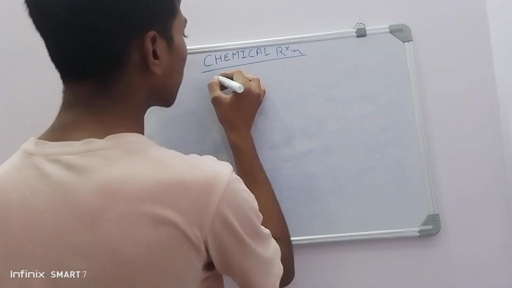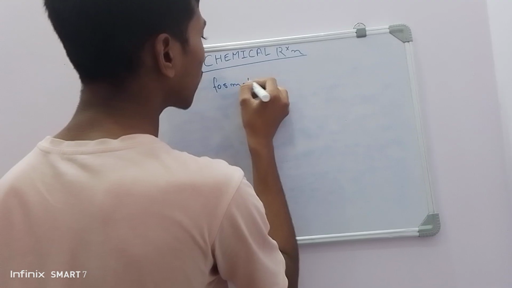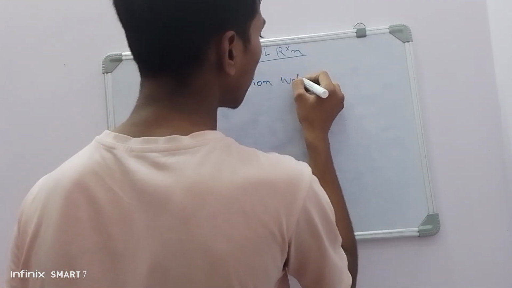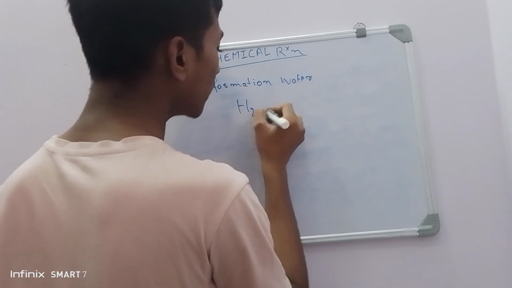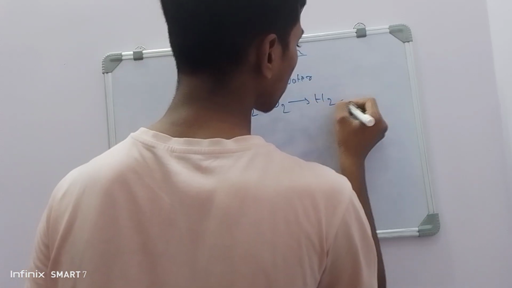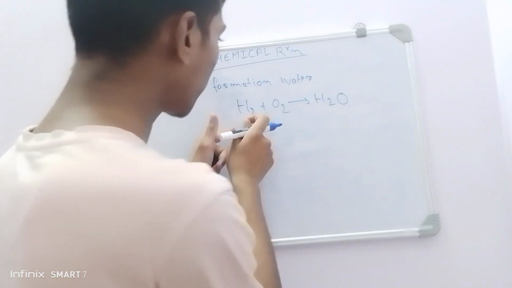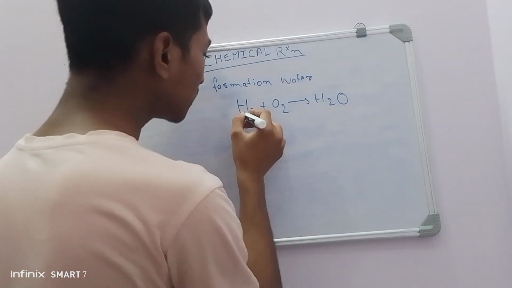This can be understood by the formation of water. How is water formed, if I ask you? As you all know, water is formed when H2 and O2 combine to form H2O. If you look at this reaction, H2 and O2 combine to form H2O.